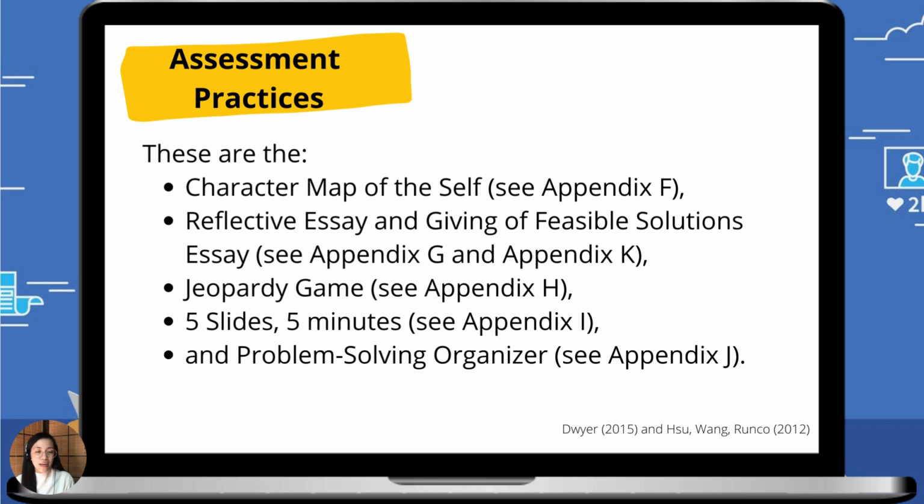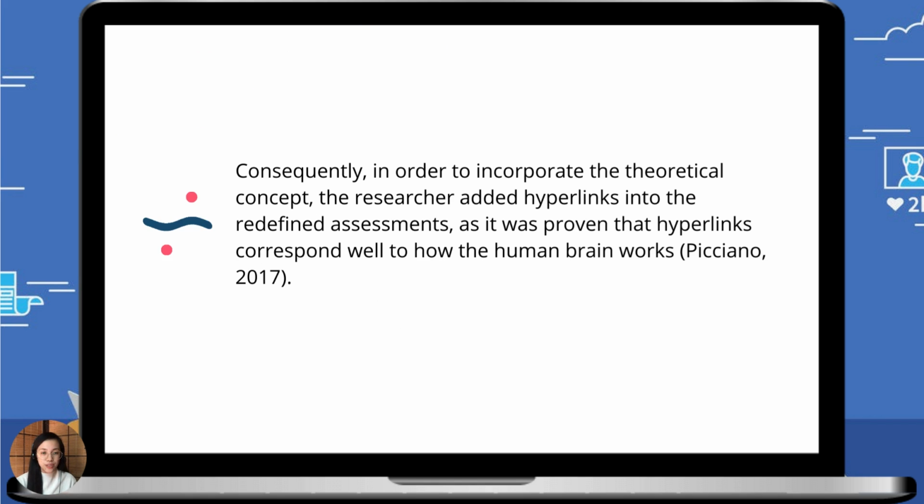And this result matches the study of Dwyer, Su, Wang, and Runko in 2012, where teachers are found to be having a hard time integrating the new literacies in learning. Thus, this suggests that as teachers, aside from focusing on integrating the new literacies of online research and comprehension, it is important to teach our students to become lifelong learners.